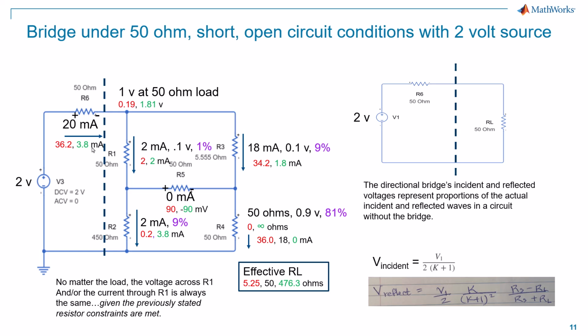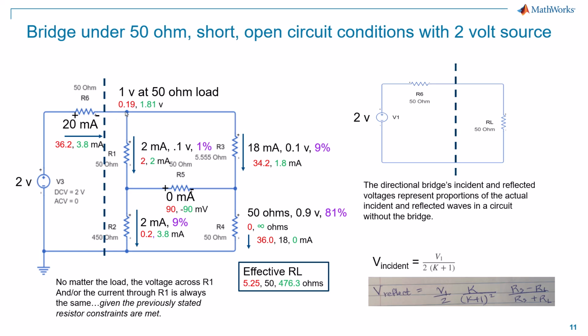It's also interesting, some of these relationships that pop up in this sort of bridge when you scale it accordingly. If you take the sum of the short circuit current in red and the open circuit current in red, you get 40 milliamps, which happens to be twice the current that we started with in the bridge balance.